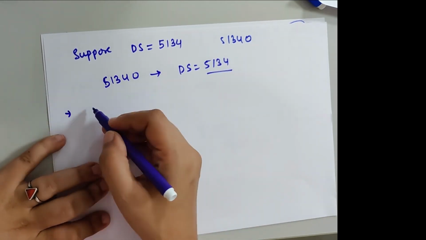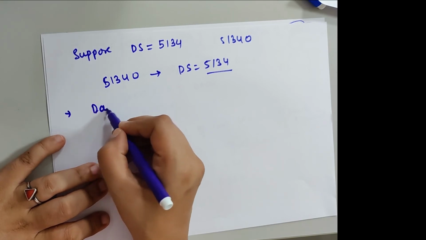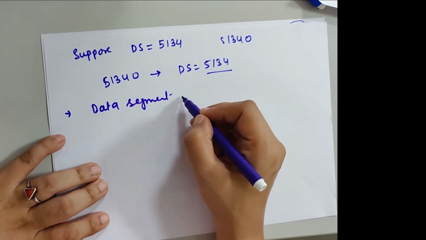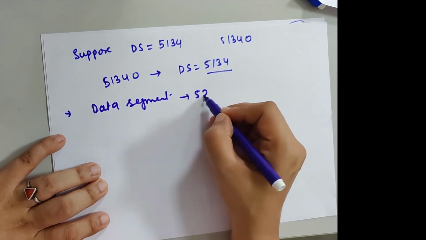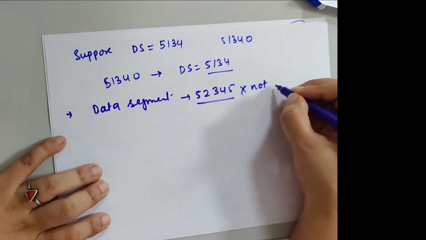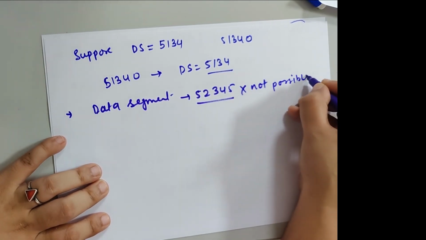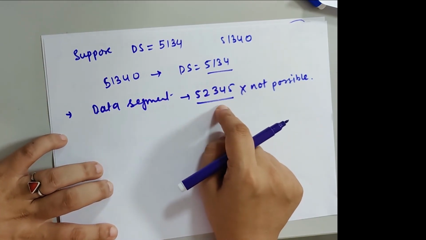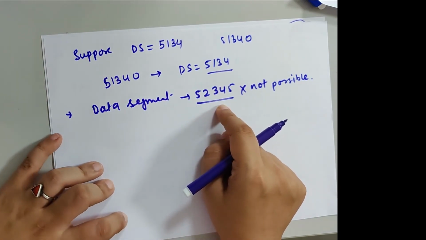Okay, now if I say that I want to start my data segment at location 52345, then this is not possible. Why? Because a segment cannot begin at any location that you want.